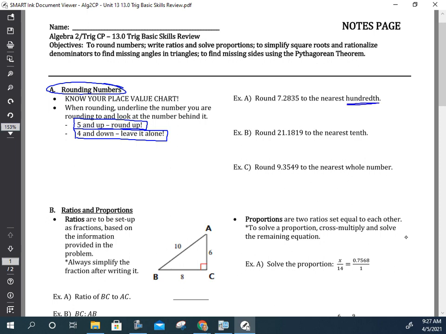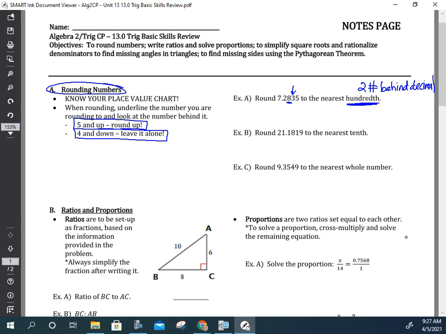Hundredth is 2 numbers behind the decimal. So 2 numbers behind the decimal is the 8. You look at the number behind it.